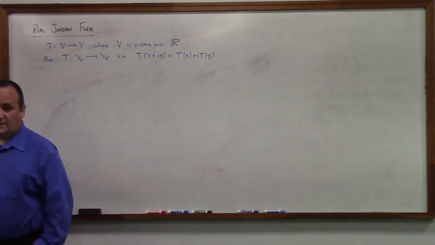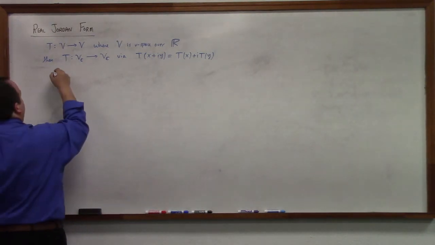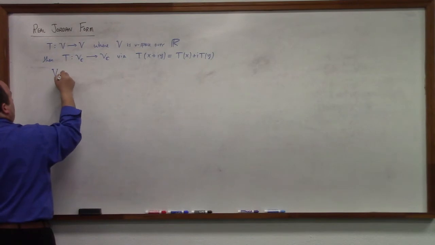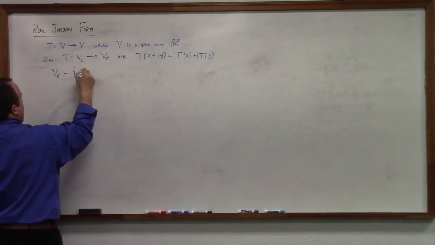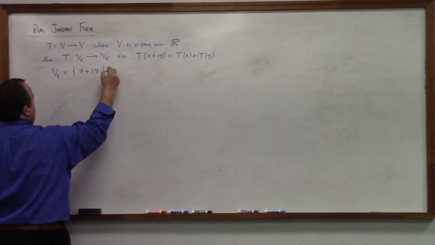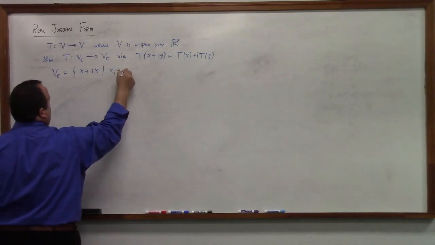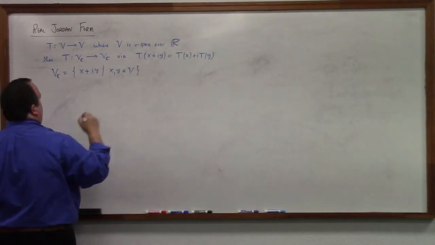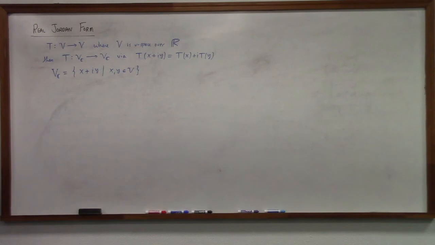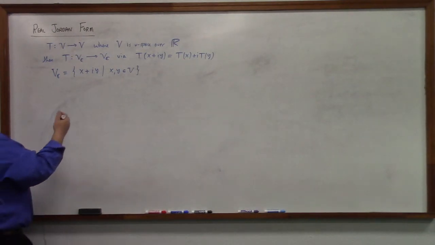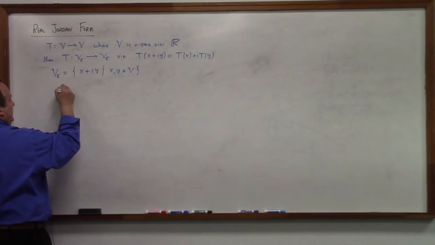All right, and here the complexification of V, V sub C, is the set of x plus iy such that x and y are elements of V. And I've explained that technically you can look at that as C tensor V, all right? But we don't need the sophistication of that for this lecture. It's sufficient to say this: the scalar multiplication on V sub C is this.